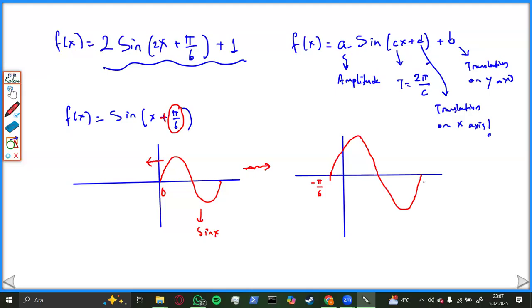And as you can easily realize, this is not 2 pi, this is 2 pi minus pi over 6. Still, no problem, the period is still 2 pi, but right now the starting point goes to the left, because we add an extra value to our angle.